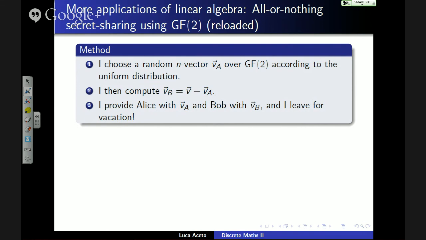So for them, it's actually very easy to figure out what the exam is. They just take their two vectors and they sum them together. But none of them has enough information to reconstruct the exam alone. And you know, this is all linear algebra over vectors of bits.